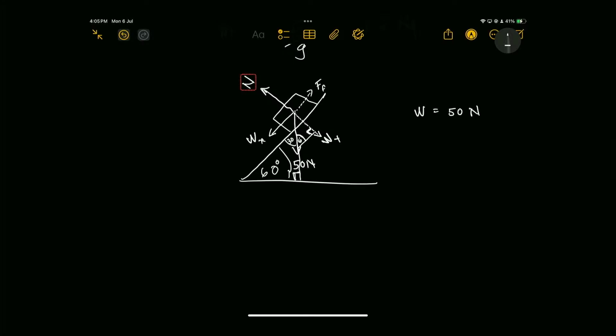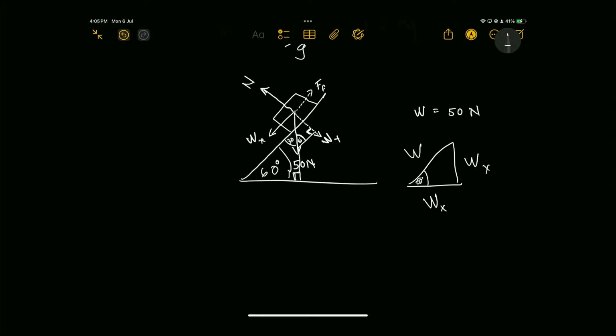So we can draw that back here, where we have 60 degrees. We have WY on this side, here we have W, on this side we have WX.